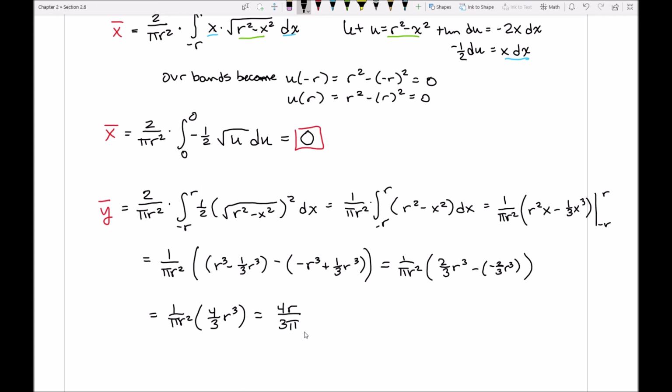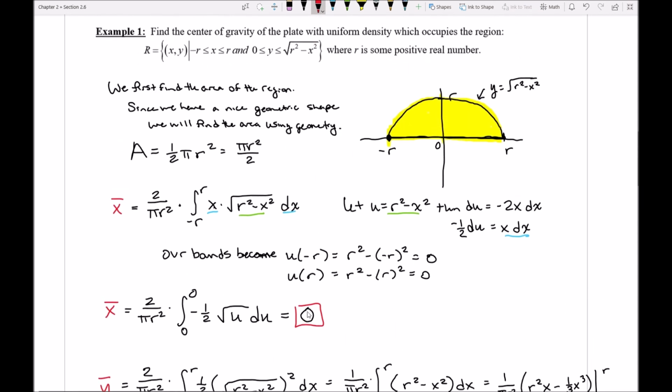Now, if I take a look at this, this can seem like kind of a weird answer. That is, well, how do I know what this value is? How would I test to see if this is kind of a reasonable intuitive result? 4 times a mystery number over 3 pi? Where does that fall on here?